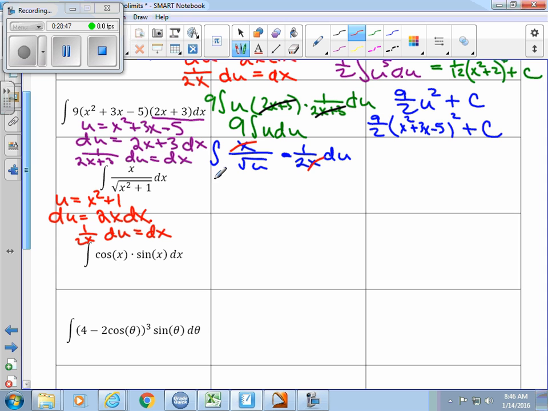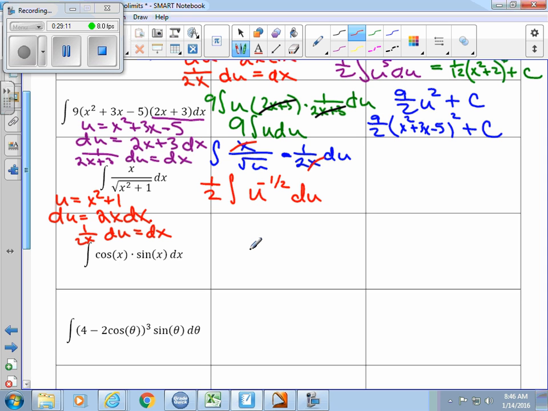And so I'm going to rewrite that integral to be 1/2 integral. What would I rewrite the square root of u on the bottom to be? U to the negative 1/2. So remember, constants, they're not going to bother me. I'm just going to move them out of the way.